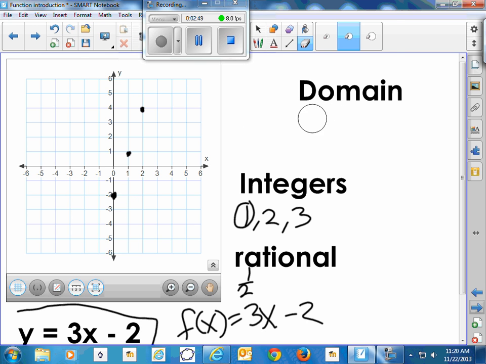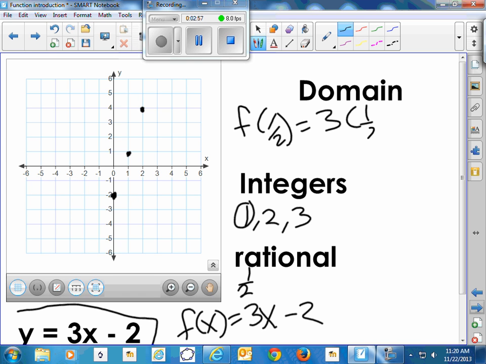Let's write it a little neater. Function of 1/2 is equal to 3 times 1/2 minus 2. So that is 3/2 minus 2. That's 1/2 minus 2. So that's minus 1/2. So if x is 1/2, y is negative 1/2. So it's that point right there. You might be able to see that that's on the line.